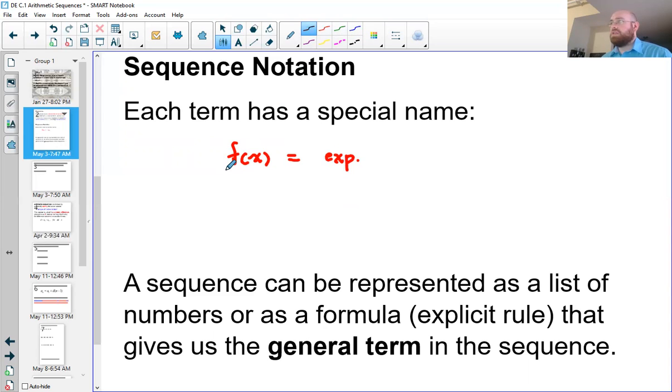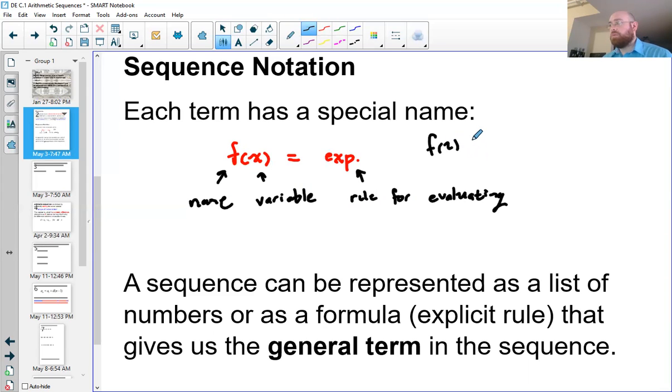And so we can say that f is our name, x is our variable, and our expression is the rule for evaluating. So if we want to evaluate something like f of 2, we plug in x equals 2 to the expression.